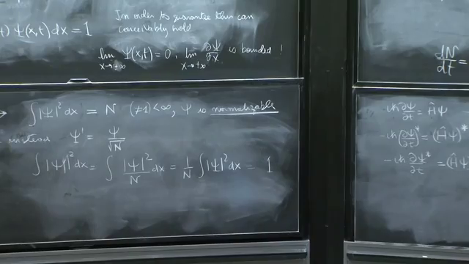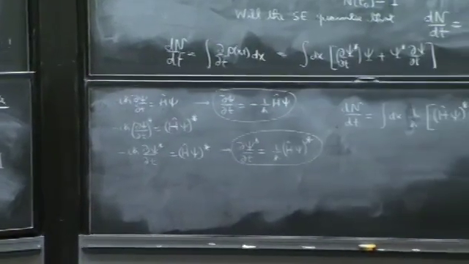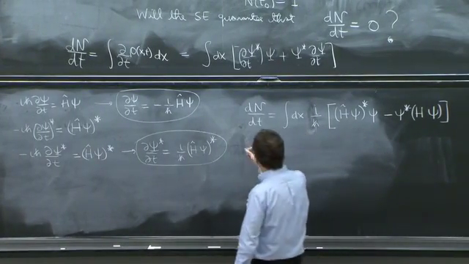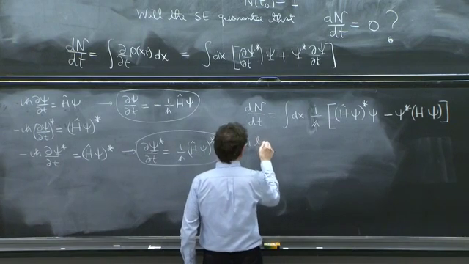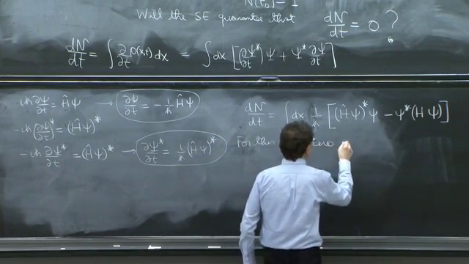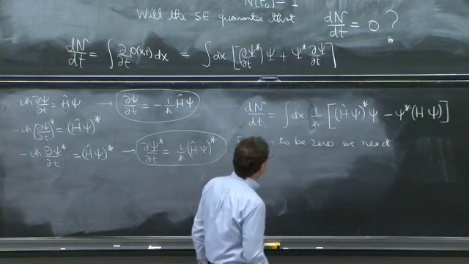But here, structurally, you see what must happen for this calculation to succeed. So we need, for this to be 0, we need the following thing to happen.